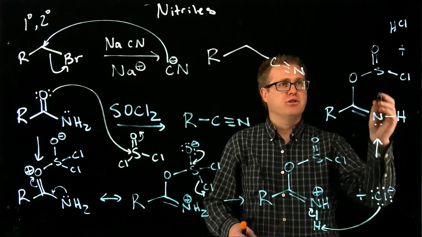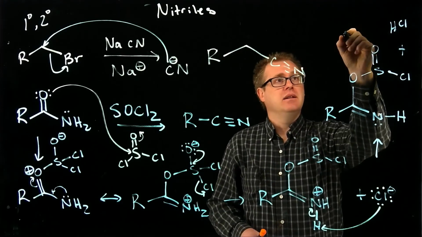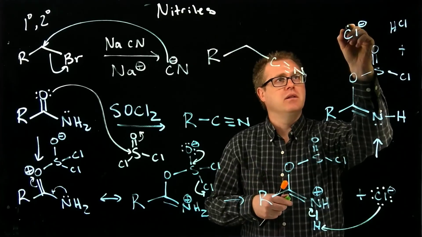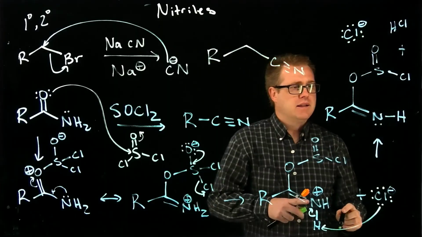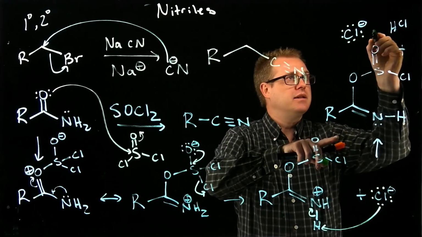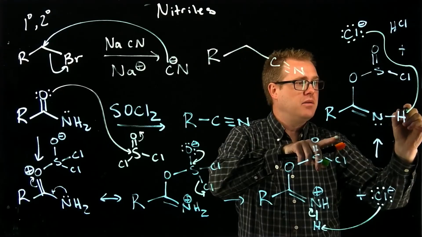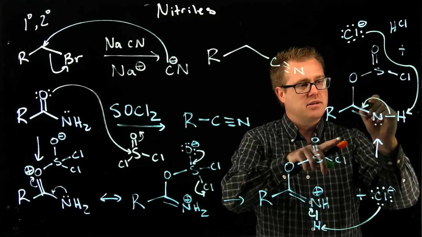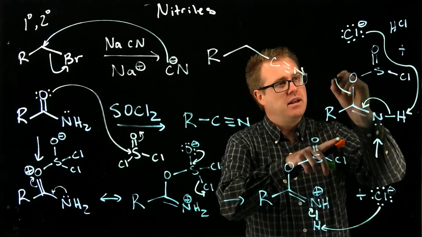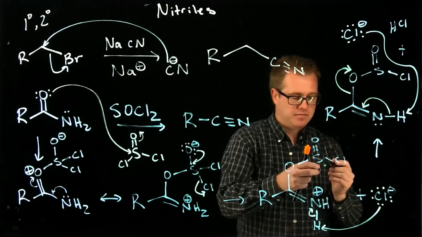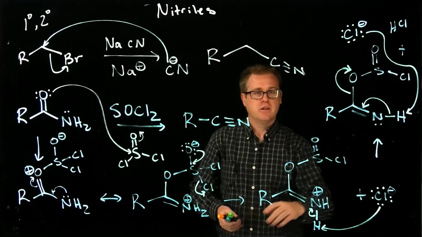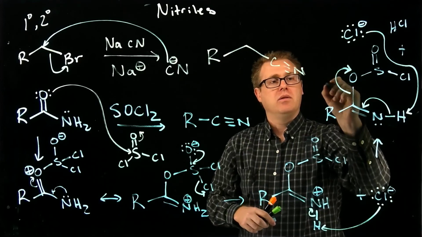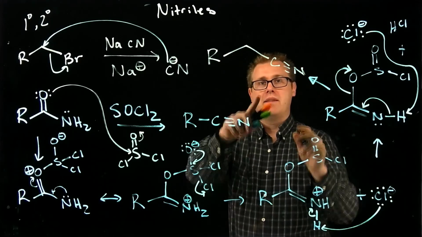So what we're doing is trying to find a base, and I know that there's going to be some excess chlorides around. So a second one is going to come and grab that proton, bring its electrons like that, and then kick that guy off. And when you take a look at that whole mechanism, it goes right there to the product.